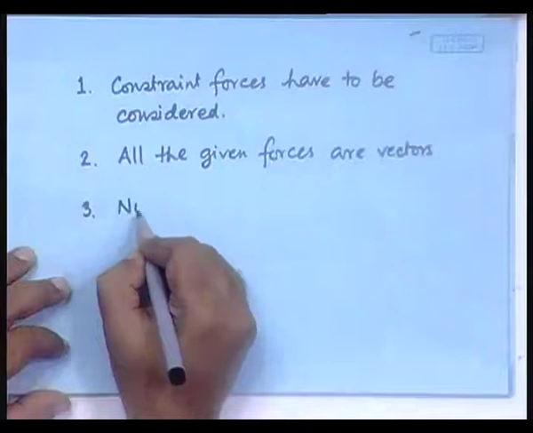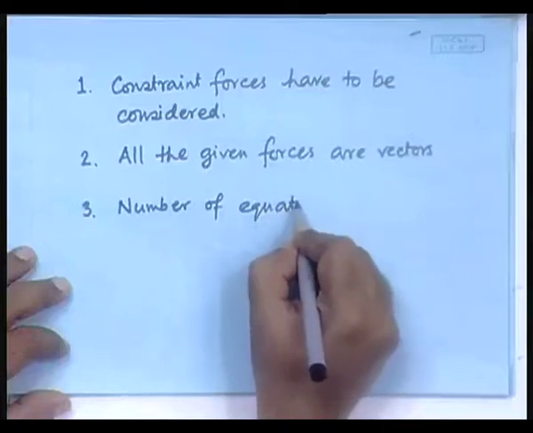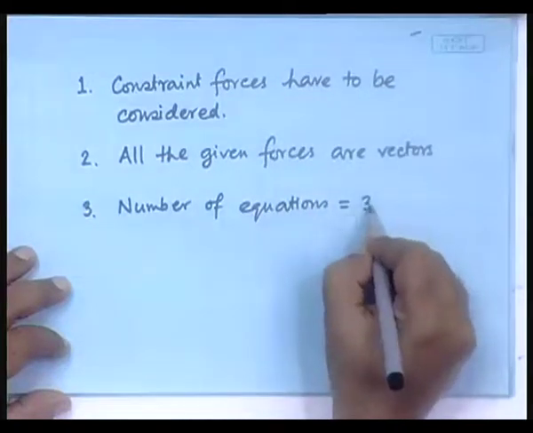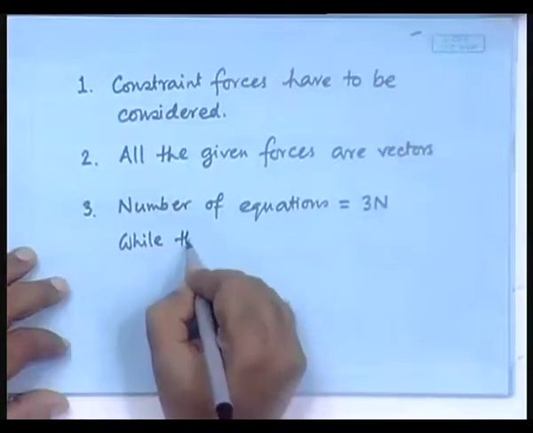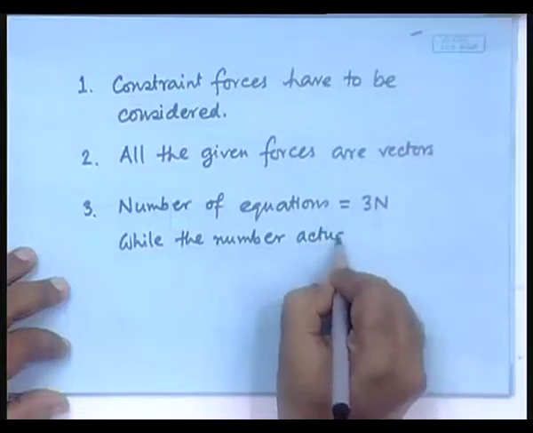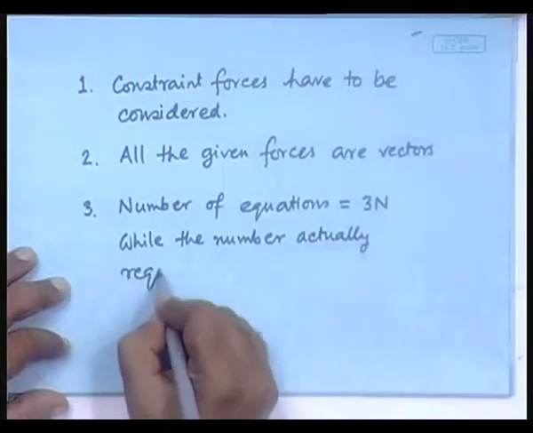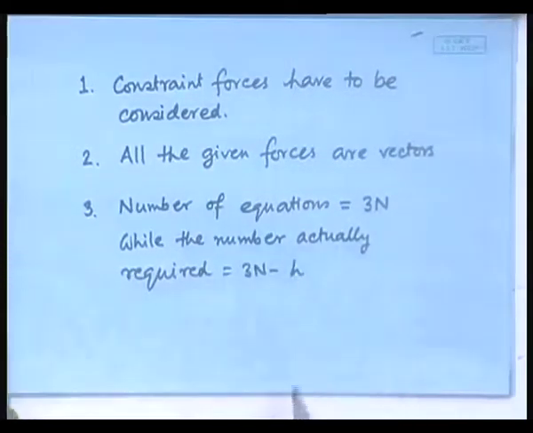Rather, we should be able to write 3n minus h equations, where h is the number of holonomic constraints.